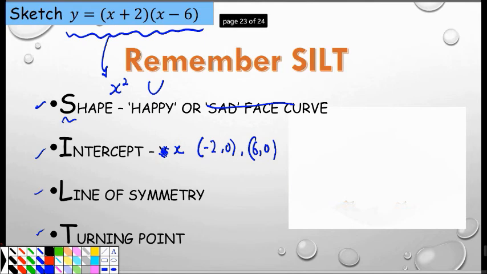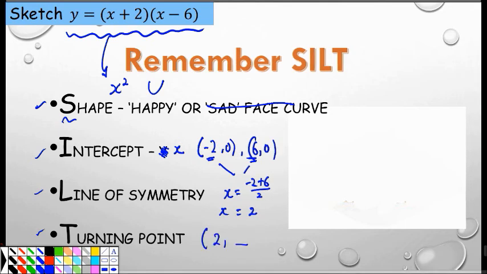Next, we want to find the line of symmetry, and we take these two values, add together, and divide by 2. And I know the answer is x equals 2. Lastly, I want to find the turning point. I know it's 2, something. I just put this 2 back into the equation here, and I get the answer as negative 16.